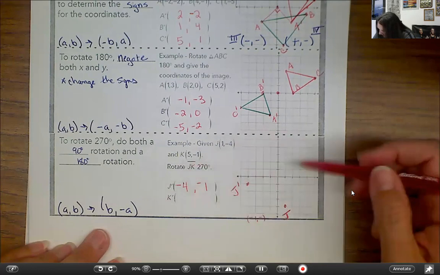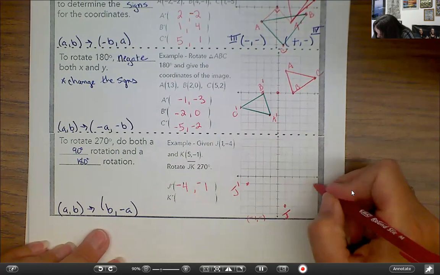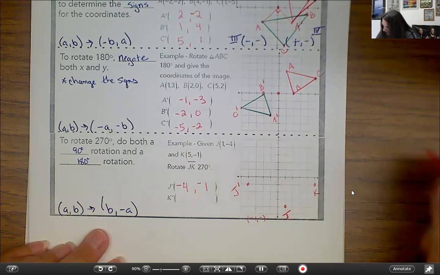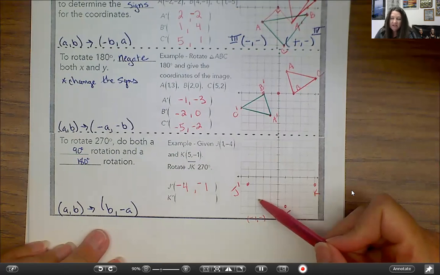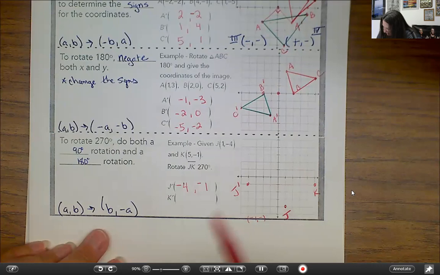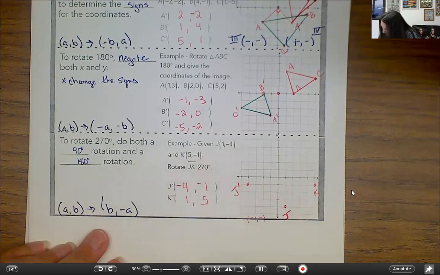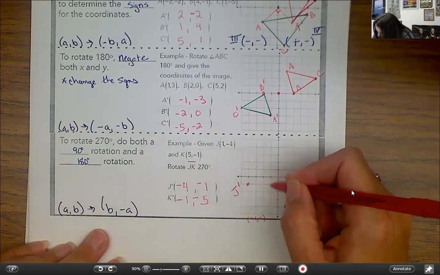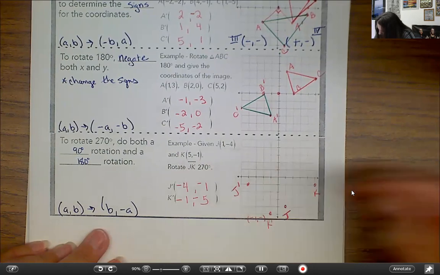K is at 5, -1. Here's K, and again, 4th quadrant. So it's going to move 3 quadrants over, to the 3rd quadrant. Switch my coordinates here, so that'll become a 1 and a 5. And both coordinates are negative in the 3rd quadrant. So -1 and -5. There's K prime.